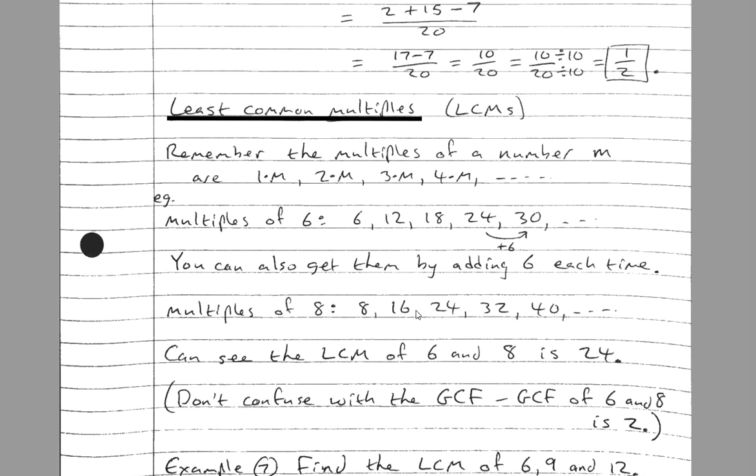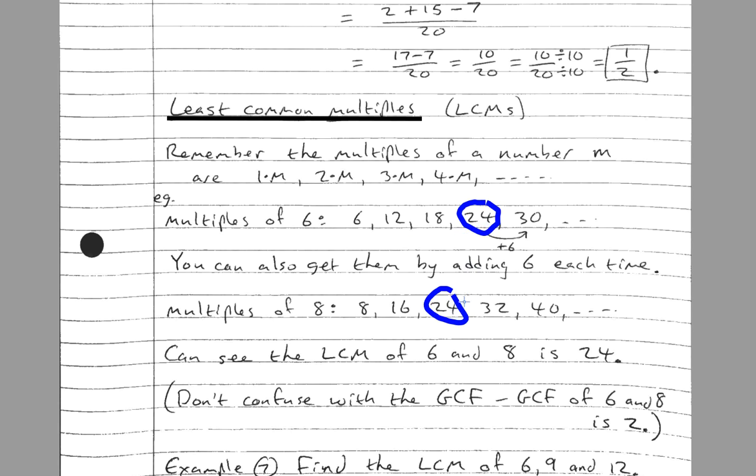Okay, so we already have enough numbers to see that the least common multiple of 6 and 8, the smallest number in both of these lists, is this 24. We have 8 and 16 here, but there are no 8s or 16s in the top.